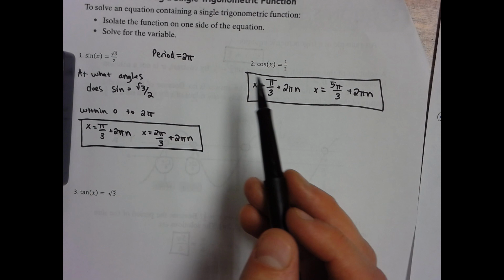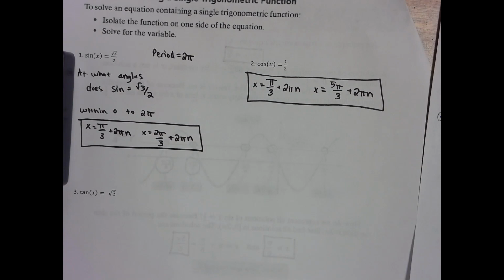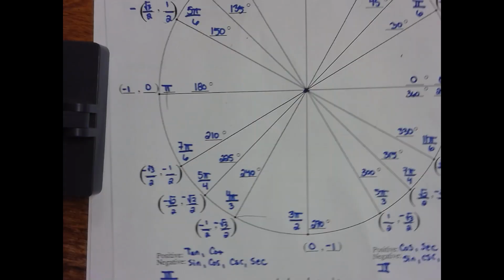Okay, well, let's talk about tangents. And tangent's a little bit trickier because we look for root 3. We have to think about if we take y divided by x, which one of them is going to reduce down to be just simply root 3.